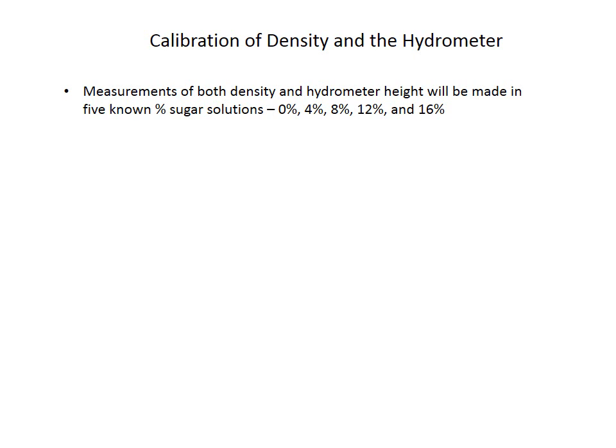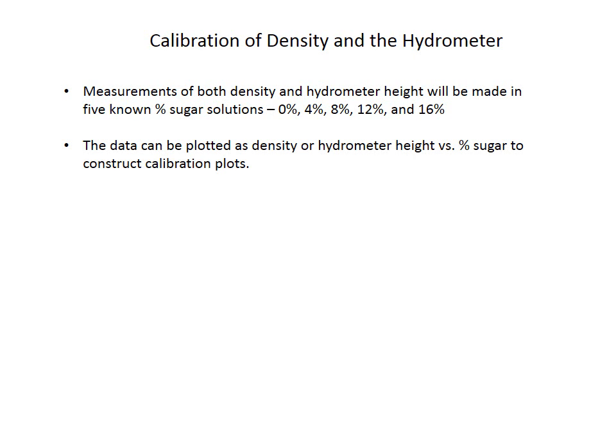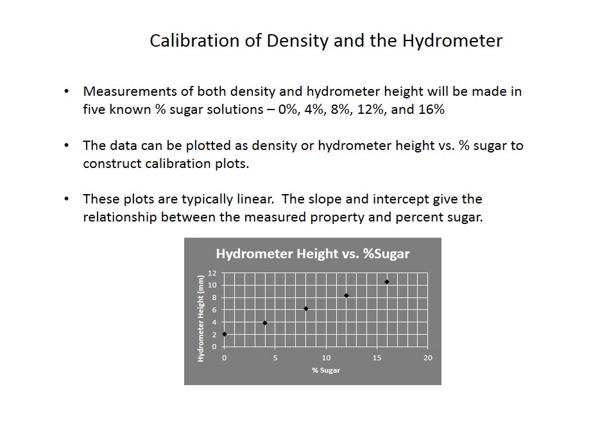Second thing, we can take those data and we can plot them as density or as hydrometer height versus the percent sugar to construct what we call calibration plots. It gives me that relationship, some sort of a mathematical relationship I can use to work in either direction then. And these plots are typically linear. You can see the one down here I've got plotted out. This happens to be hydrometer height along here.